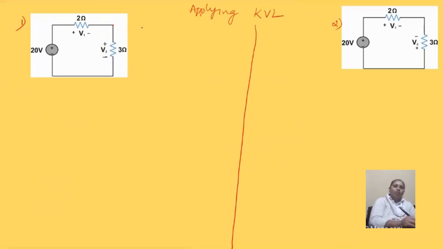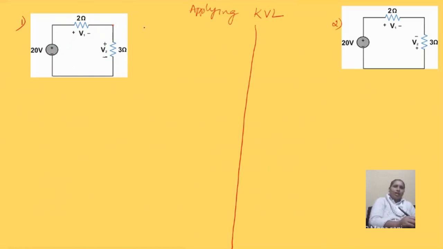According to the statement of Kirchhoff's voltage law, the algebraic sum of all voltages in the loop. Now, what is a loop? A loop is nothing but a closed path, starting from one point and reaching that same point.